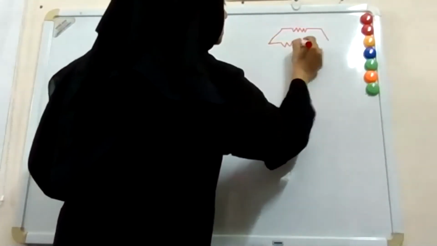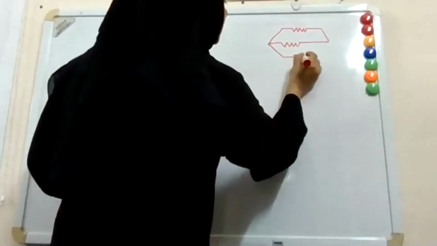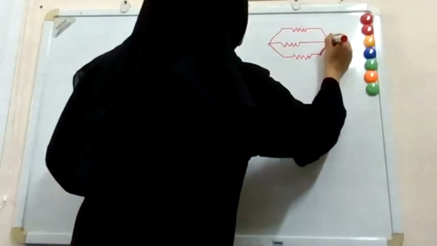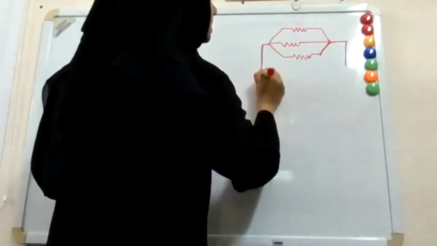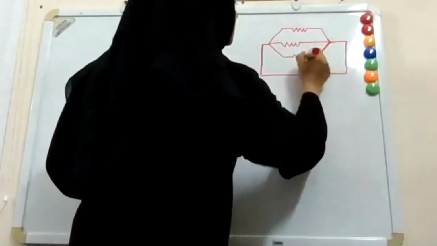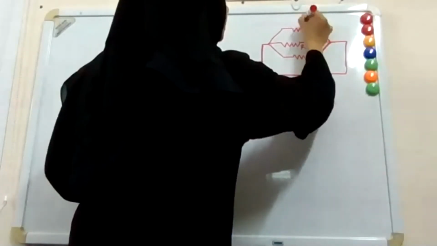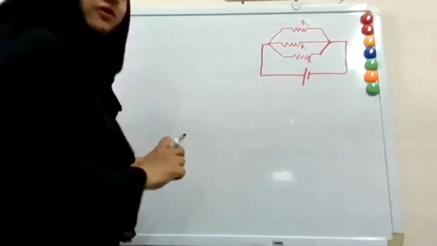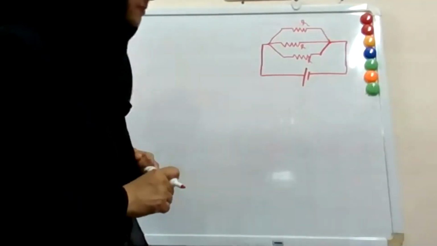Suppose 3 resistors, just as an example. Then I will work out for n resistors or m resistors. Suppose there are 3 resistors like this, each R. What will be the formula to find the effective resistance?